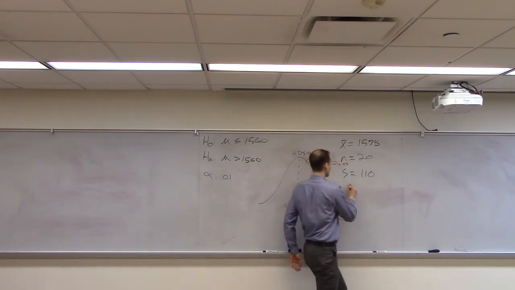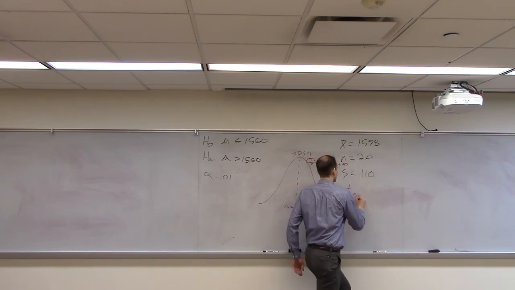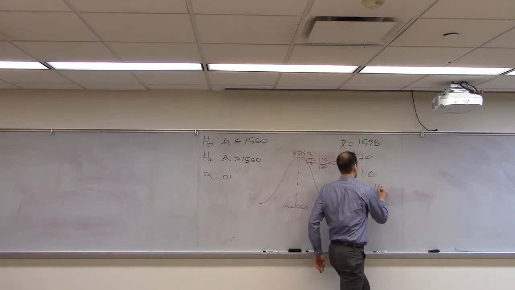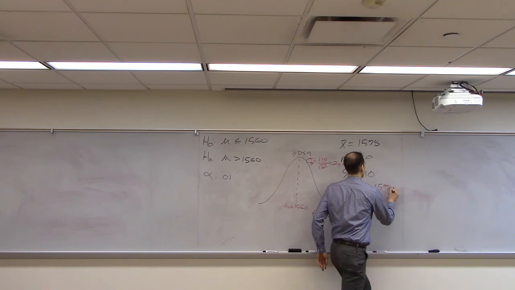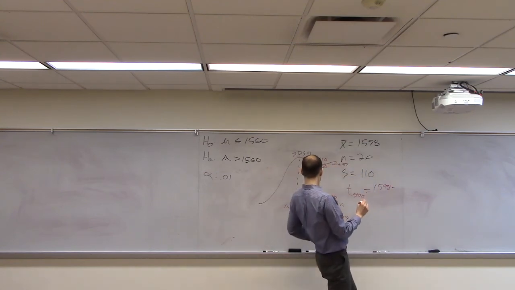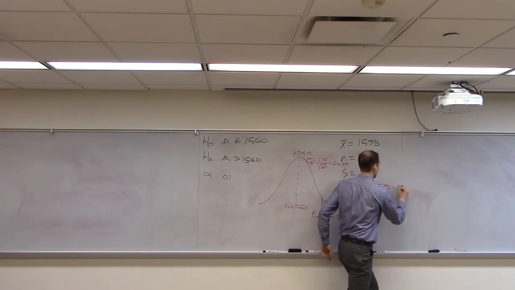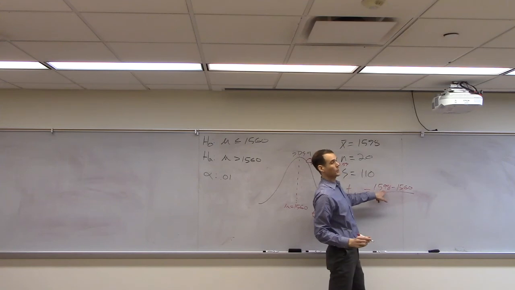All right, so now our T stat is going to be 1598 minus 1560. That's how much higher our sample mean is.